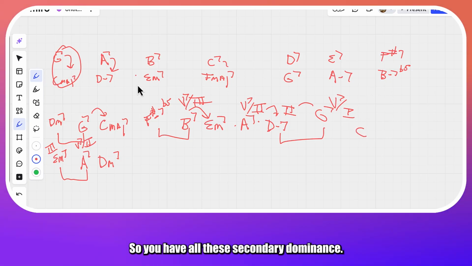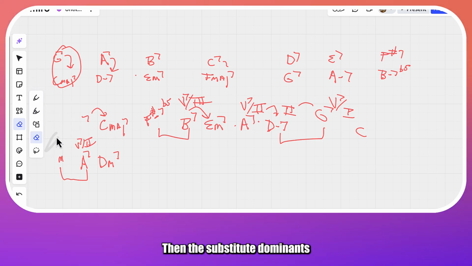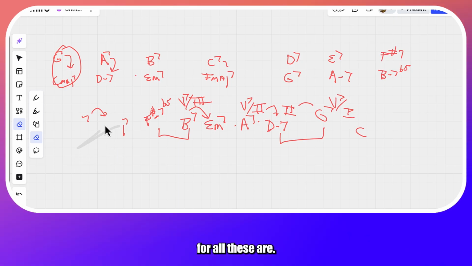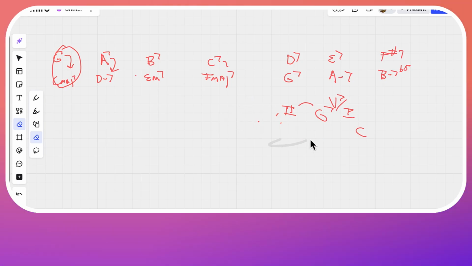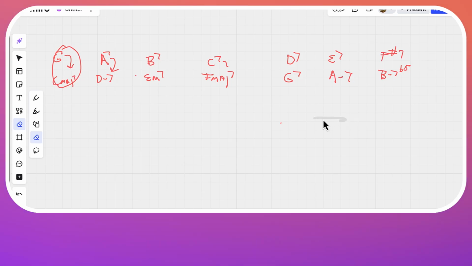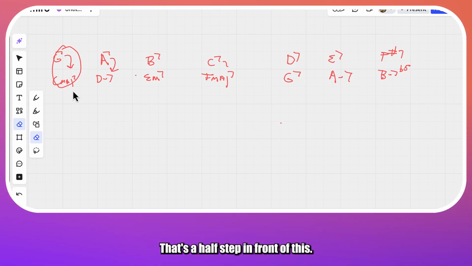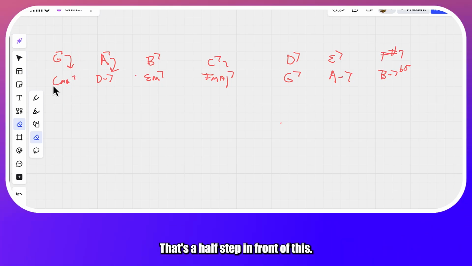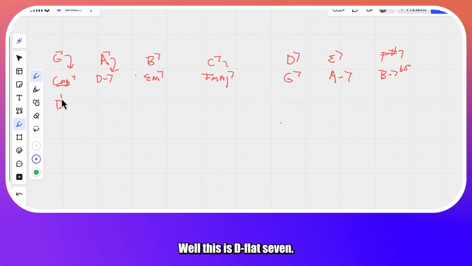So you have all these secondary dominants and their related twos, okay, and the related two chords. Then the substitute dominants for all these are just a chord that's a half step in front of this. So what's a dominant chord a half step in front of this? Well, this is D flat 7.